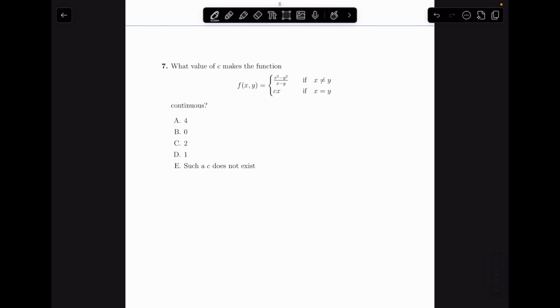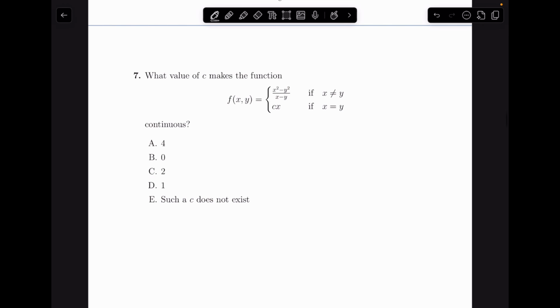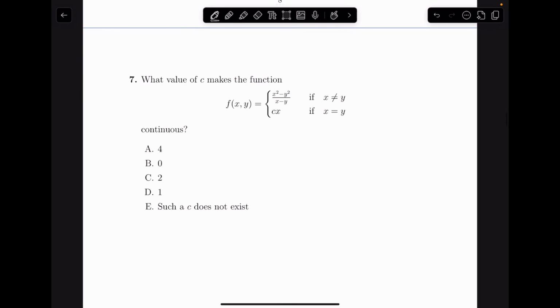Question 7. What value of c makes the function f of x y equal to x squared minus y squared over x minus y if x is not equal to y, or c x if x equals y, continuous? These types of questions are a little bit tricky, but always look to factor things. I notice we have x squared minus y squared on the numerator.